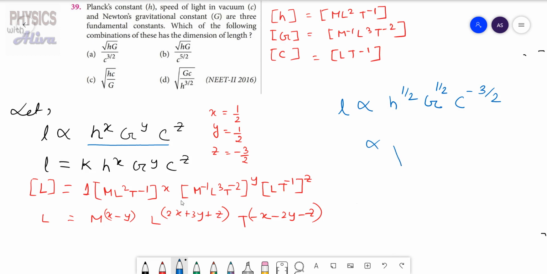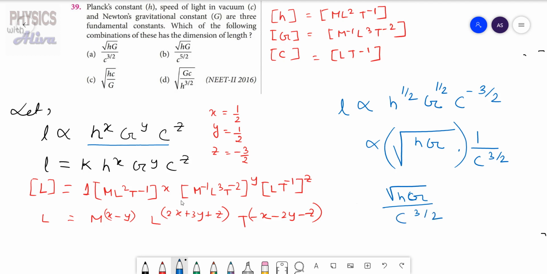So here we can write root over h G divided by c to the power 3 by 2. So our final answer is root over h G divided by c to the power 3 by 2. Option A is the correct answer.